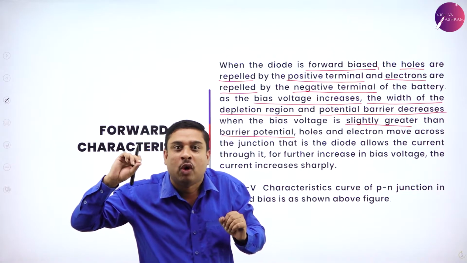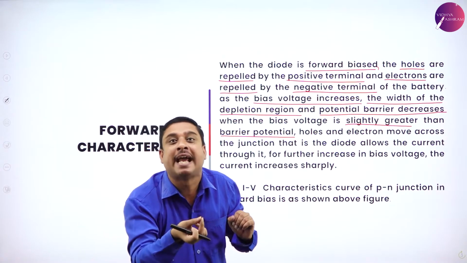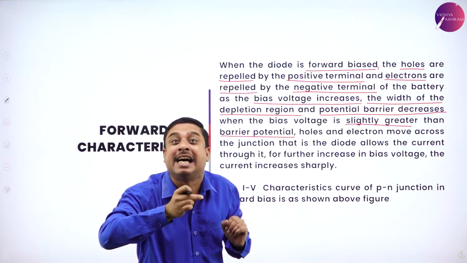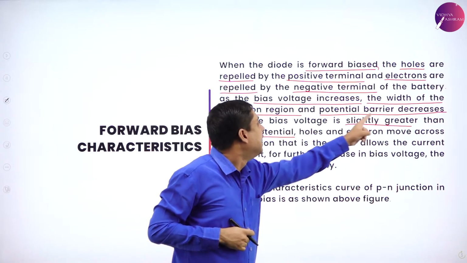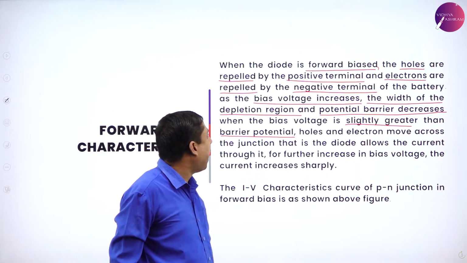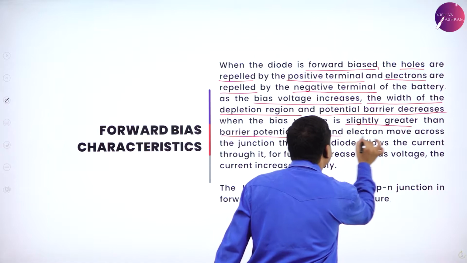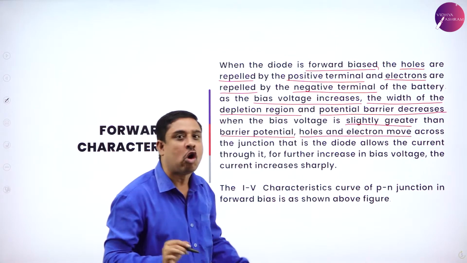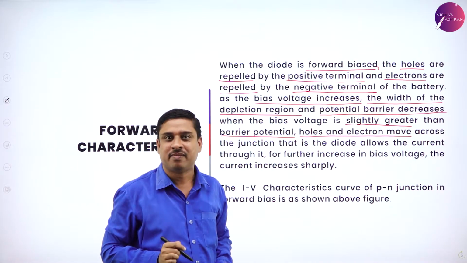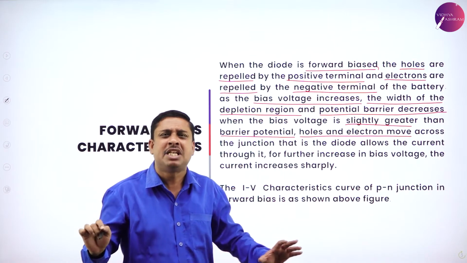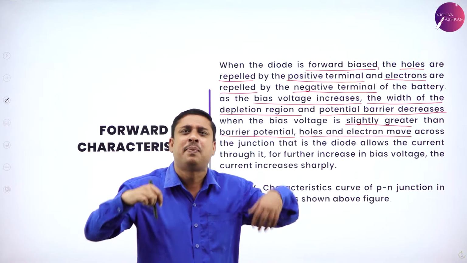So when you apply an external voltage greater than the barrier potential, holes and electrons move across. The depletion region completely dies.